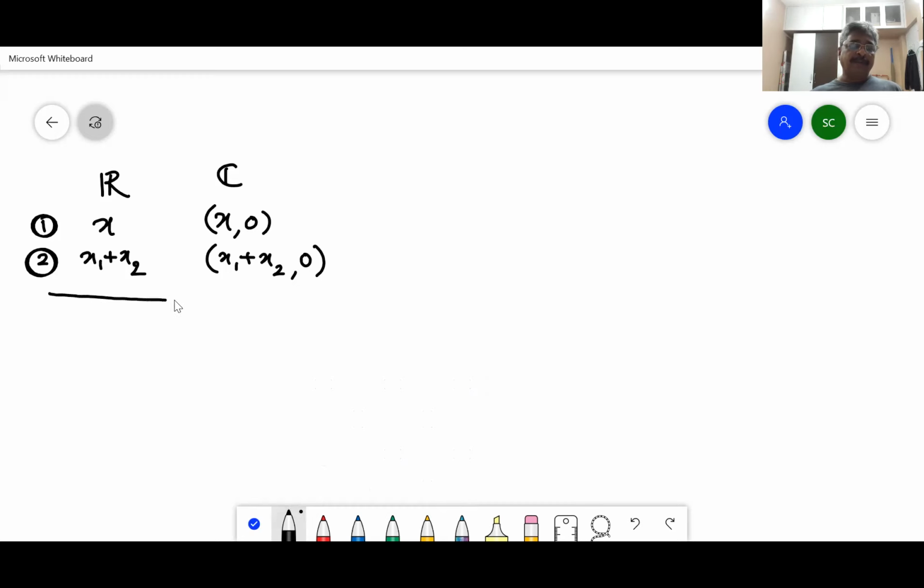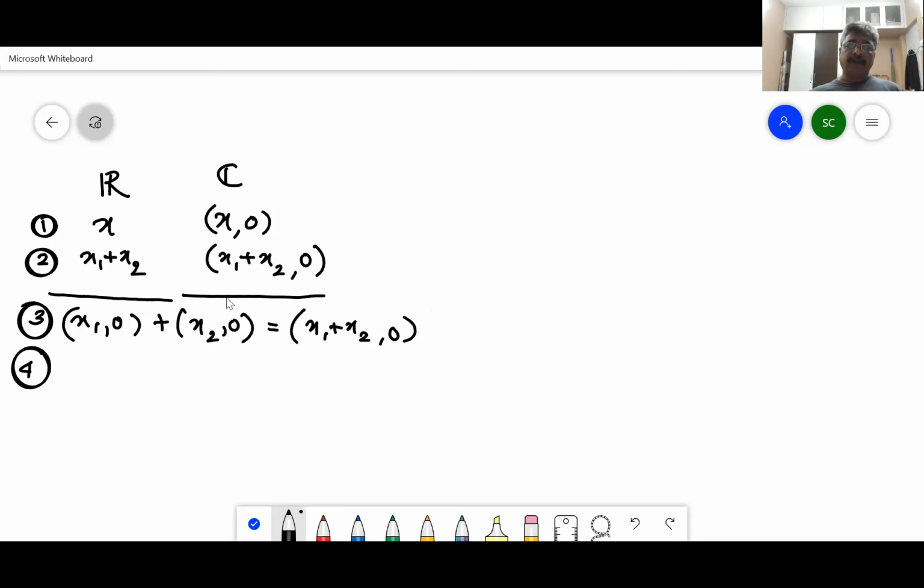Then we defined addition, which was equal to, okay, maybe I can write 3.